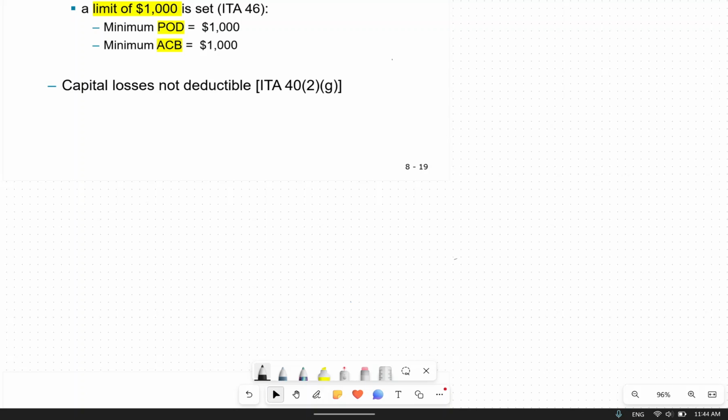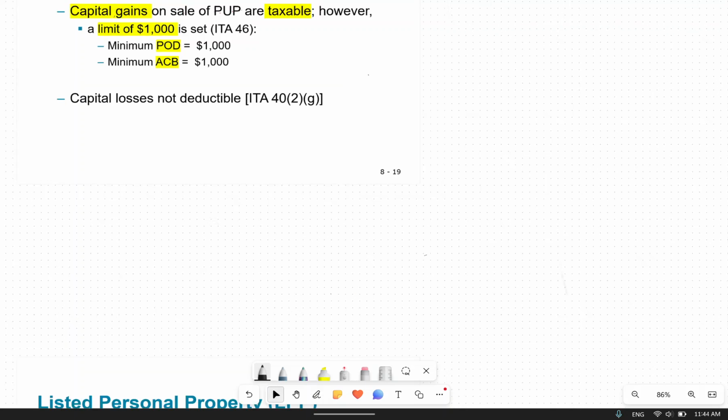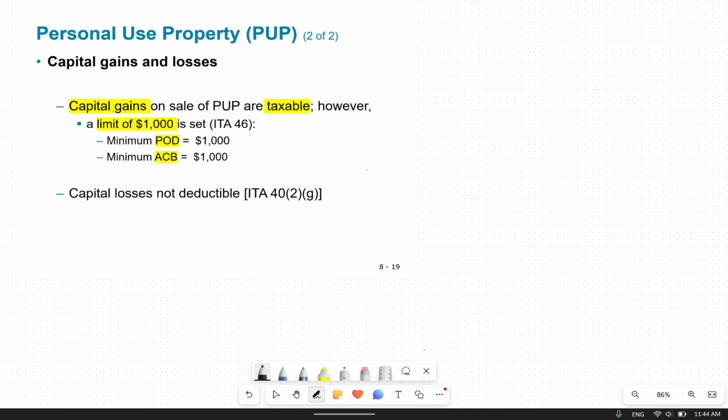The capital losses are not deductible. On a personal use property, if you sold the property for less than the cost, you are going to have a capital loss. A capital loss is not deductible when it's a personal use property. But if it's a gain, you have to pay taxes on it. That's how life is. If it's a gain, you're going to pay taxes on it. If it's a loss, it's not deductible.